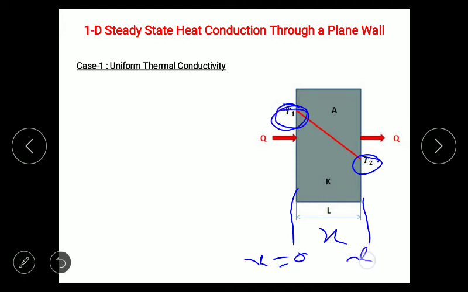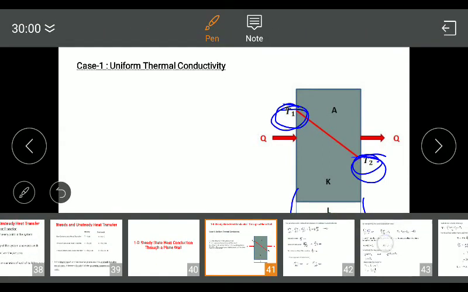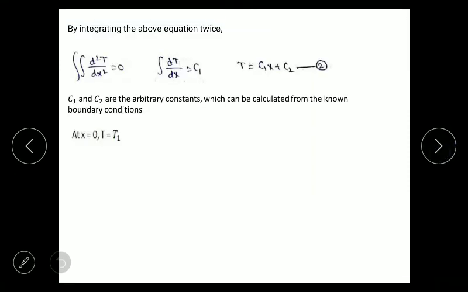At x is equal to L we have temperature T2. Clear? So that is what we are going to use now. The boundary conditions are at x equal to 0 temperature is T1, at x equal to L temperature is T2. Let us substitute these two boundary conditions into equation 2.